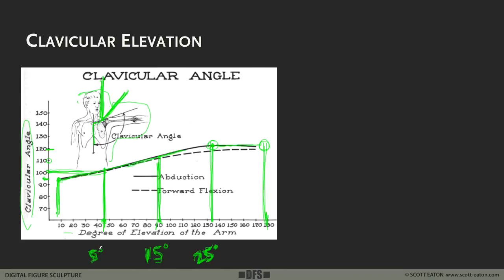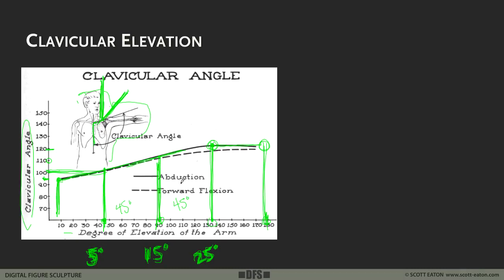So almost in 10-degree steps between these 45-degree increments: as we go 45 degrees further along, we go from 5 to 15 to 25, and then we're constant. Okay, so put those in your mind for rules of thumb when you're constructing this, or if you're doing drawings, or just observing in a life drawing session. Just pay attention to this.